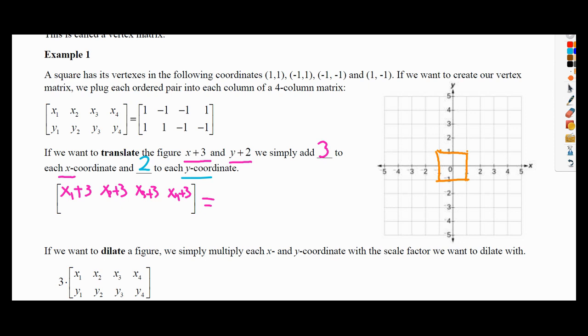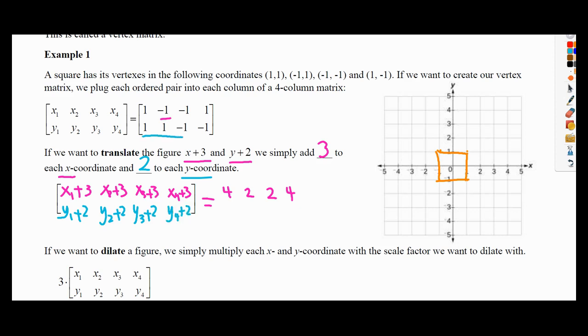So 1 plus 3, that is 4. Negative 1 plus 3, that's 2. Negative 1 plus 3, that's 2. 1 plus 3, that's 4.